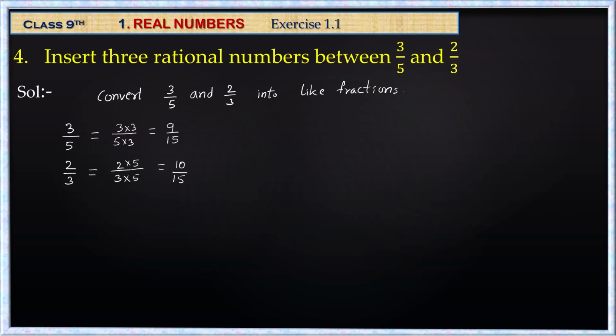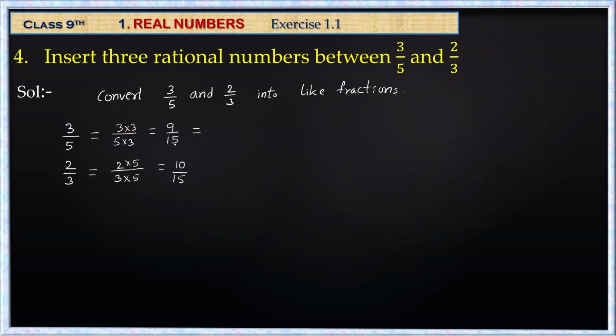Now observe 9 by 15 and 10 by 15. Between 9 and 10 we cannot insert any number. So take another like fraction by multiplying both the numerator and denominator with the same number.